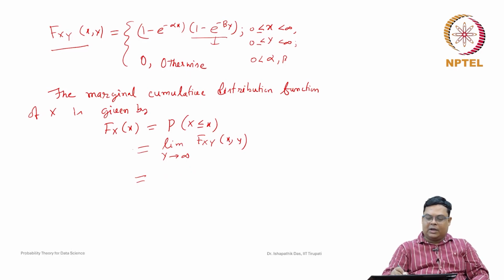In another step, we can write the limit as y goes to infinity of 1 minus e to the power of minus alpha x, into 1 minus e to the power of minus beta y. As y goes to infinity, with beta positive, e to the power of minus beta y goes to 0, so the factor goes to 1. So this is nothing but 1 minus e to the power of minus alpha x.